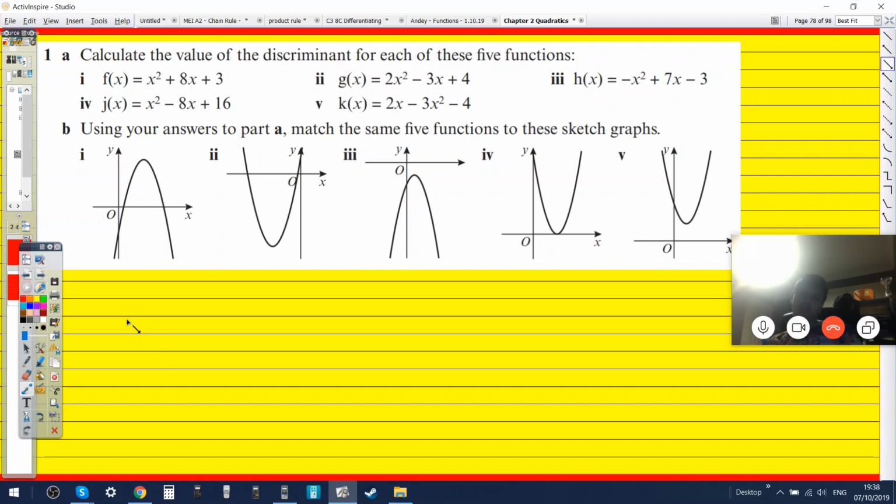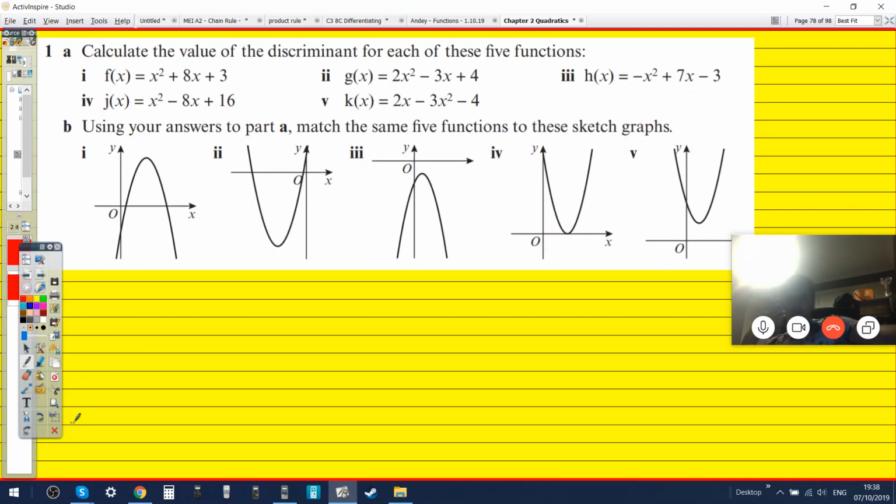Do you want to do the quadratic formula here? Well, you could use the whole formula, but the only part you need to use is b squared minus 4ac. Yeah.